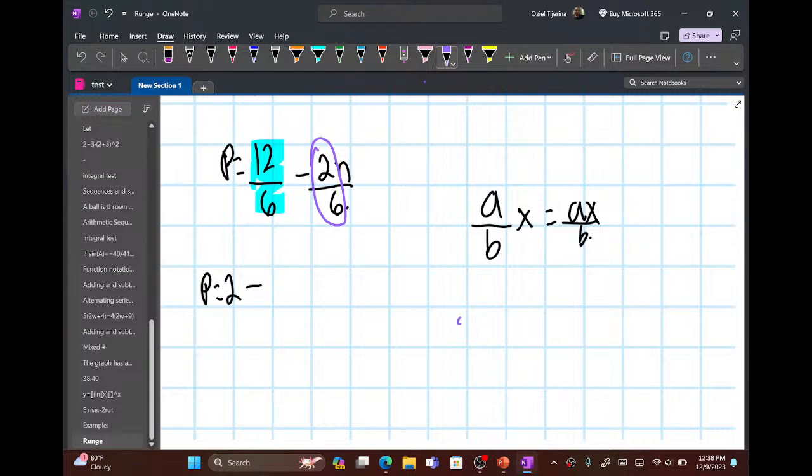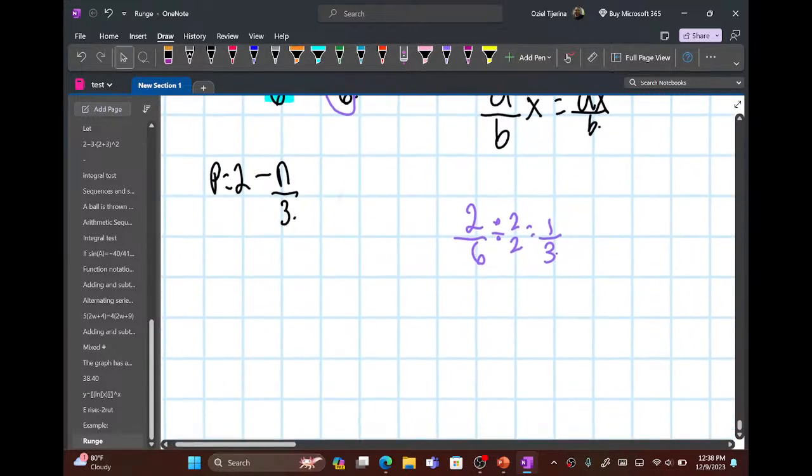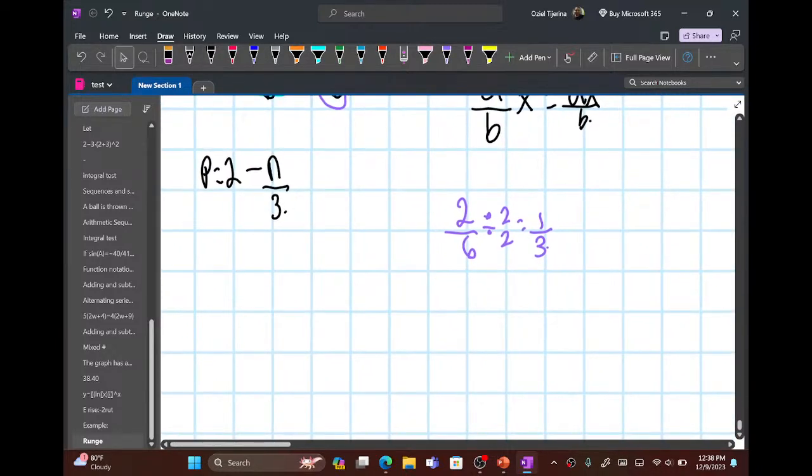We can divide by 2 on top and bottom, and we'll get 1/3. So really, this is going to be 2 minus n over 3, or 1/3 n in this case. But we can also say it the following way: p is equal to 2 minus 1/3 n.